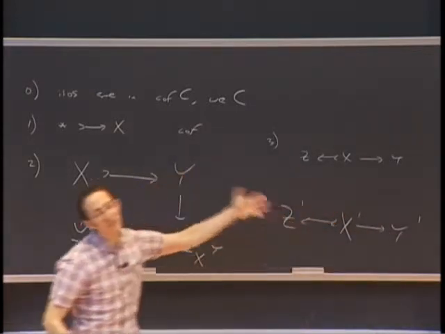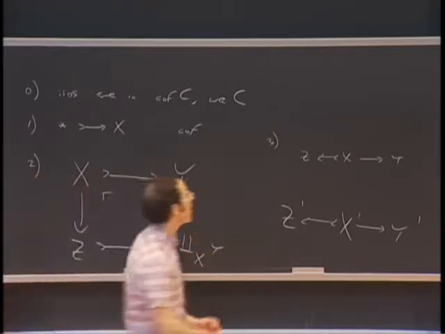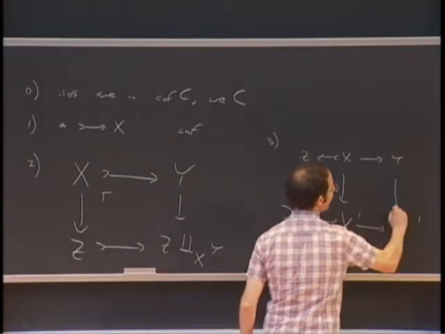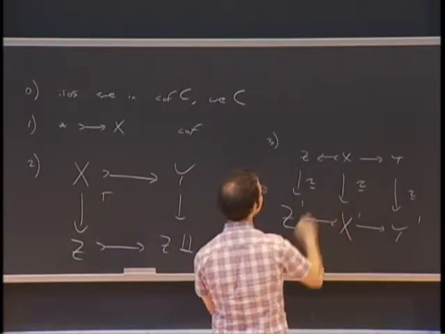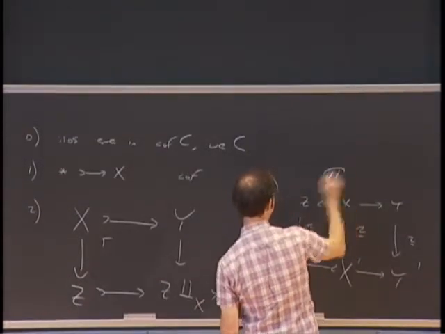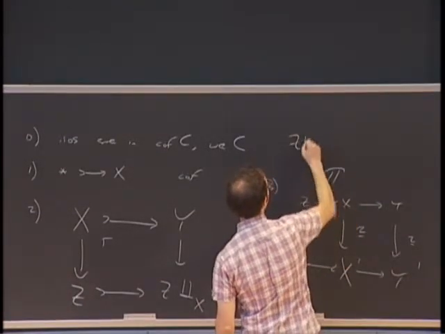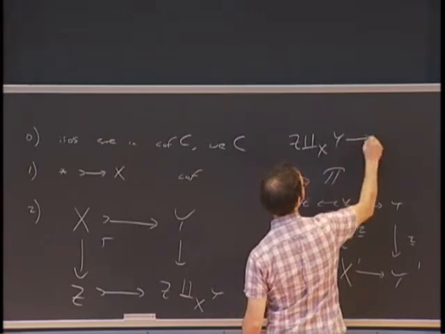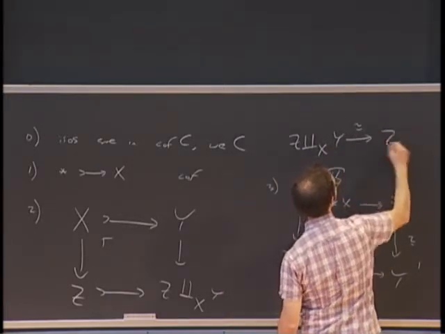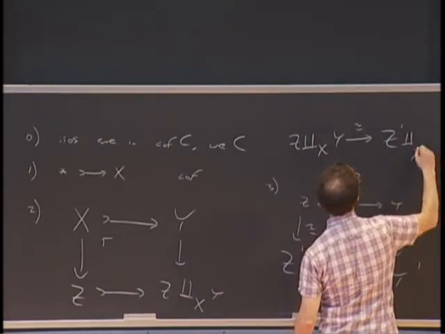So if we have two cubes, and we have vertical maps, and these vertical maps are weak equivalences, then that implies that the induced map on the pushout is itself a weak equivalence.